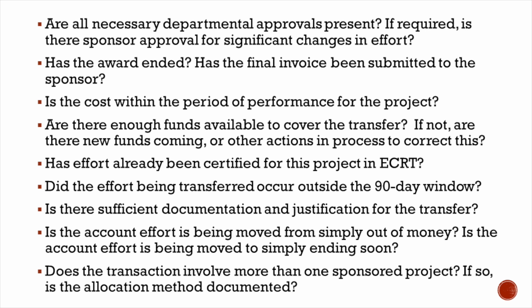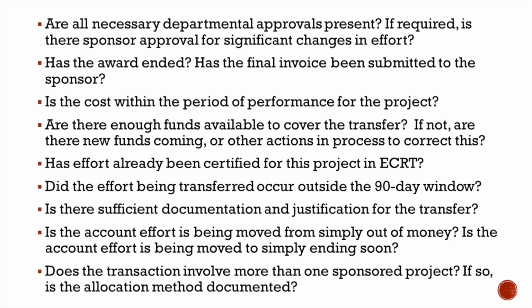These are just a few of the things we look for when reviewing a PPDA. Some of them we've already discussed at length today, but there are a few here that bear mentioning. For example, if your award has already ended and a final invoice has already been submitted to the sponsor, it may not be possible or advisable to complete the transfer depending on the situation.